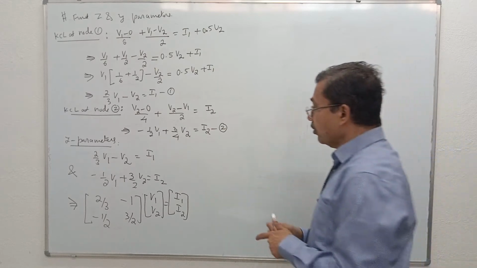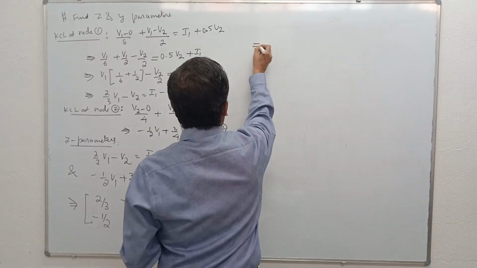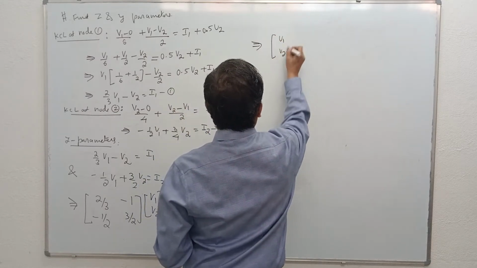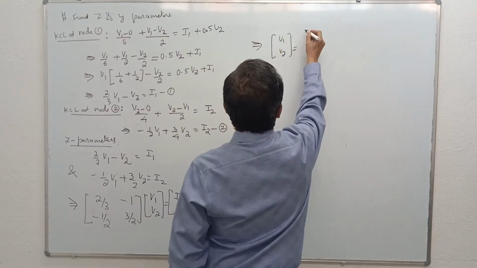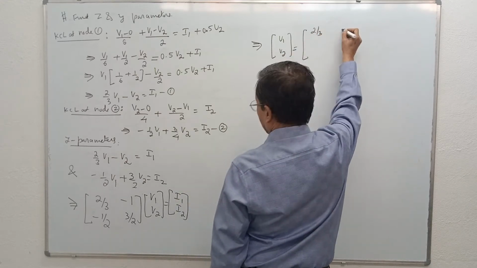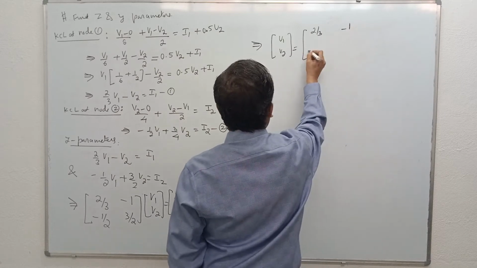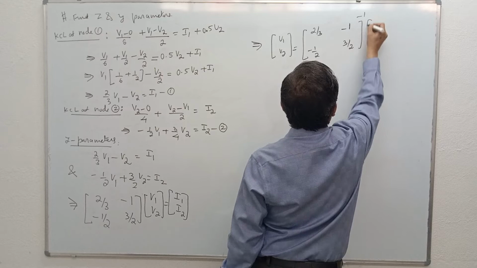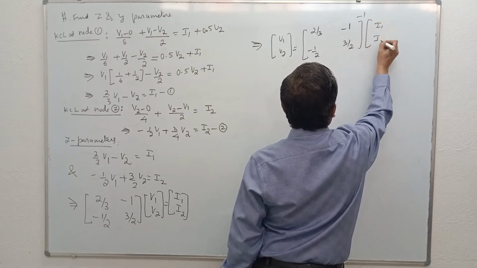So this implies column matrix V1 V2 is equal to the inverse of the matrix having elements 2 by 3, minus 1, minus half, 3 by 2, multiplied by column matrix I1 I2.